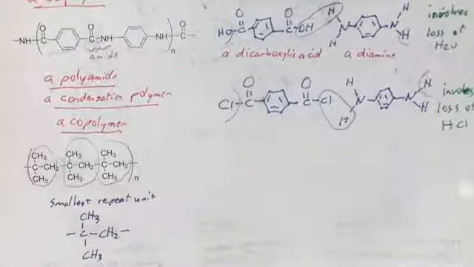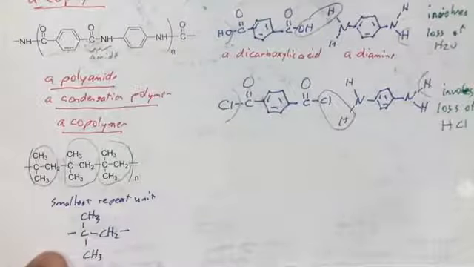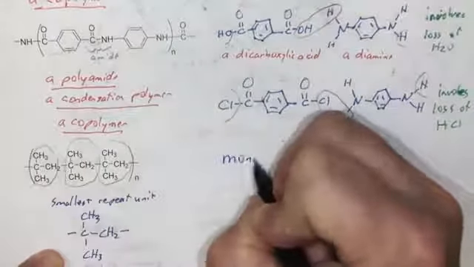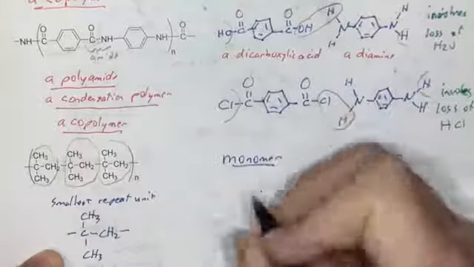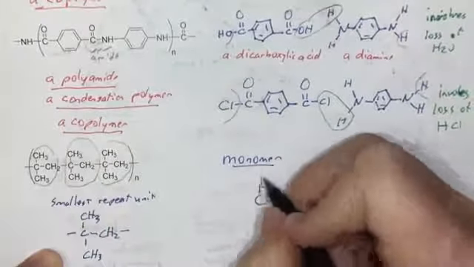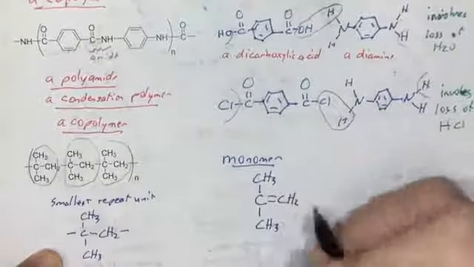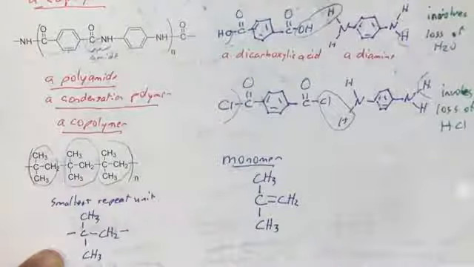That's the smallest repeat unit. Now, this tells me that the monomer must have had a carbon-carbon double bond here. So the monomer is C double bond CH2 with this carbon attached to a CH3 here and a CH3 here. That's the monomer that's present.